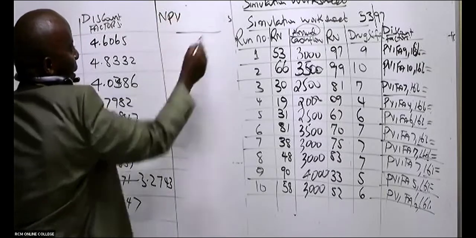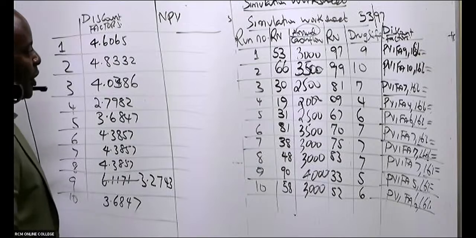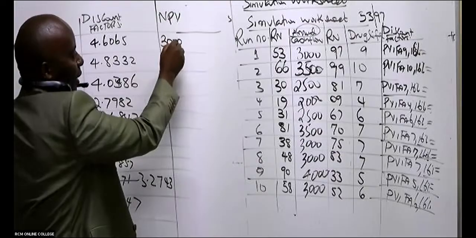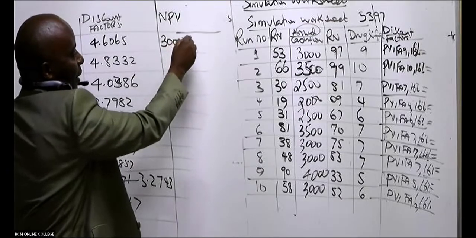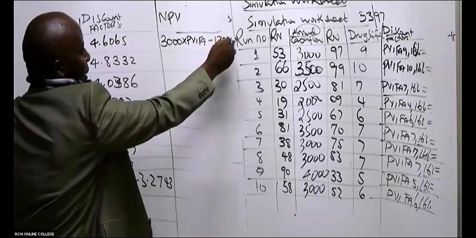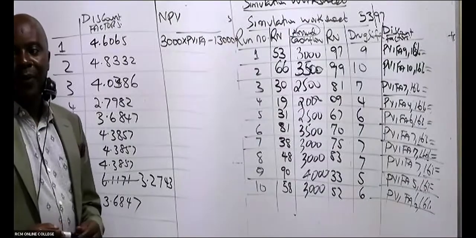The last column. And what do we do now here? You can see run number 1. We shall be enjoying a cash flow of 3,000 per annum, isn't it? Times, in this case, this PV FA, minus initial outlay. Initial outlay, you give me a figure of 13 million.